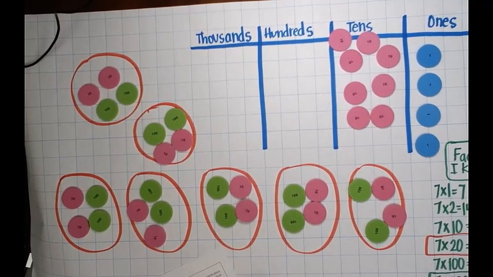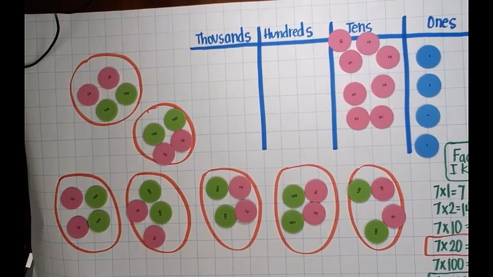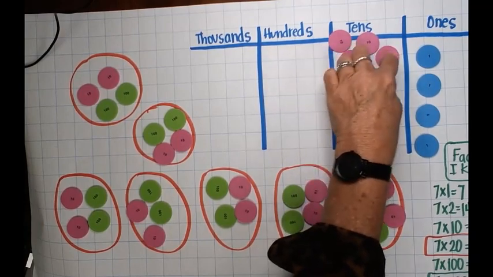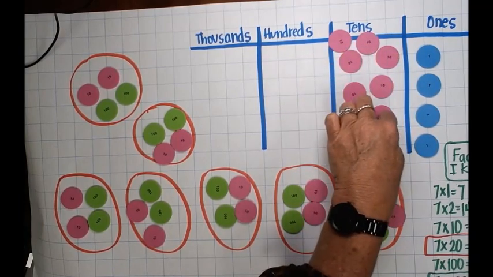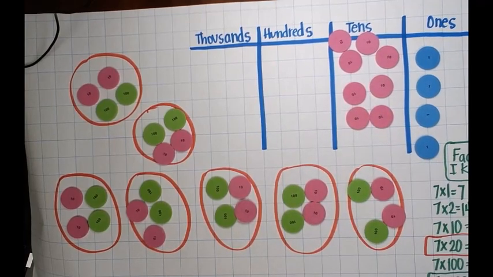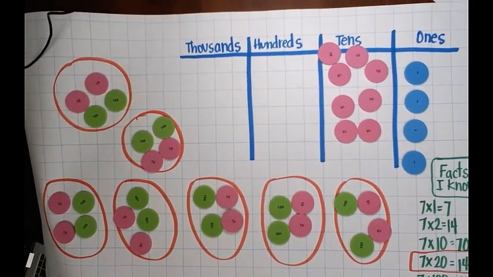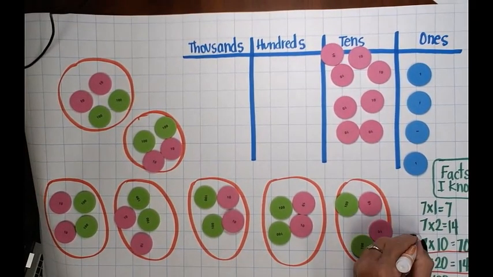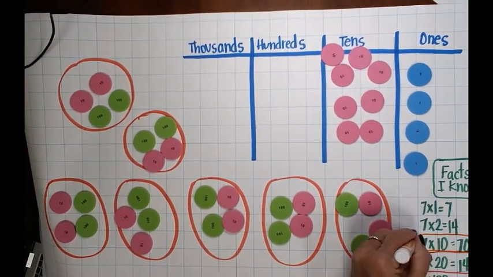All right, so let's take a look. I'm now left with 10, 20, 30, 40, 50, 60, 70, 80, 84. You know what? I know that 7 times 10 is 70.